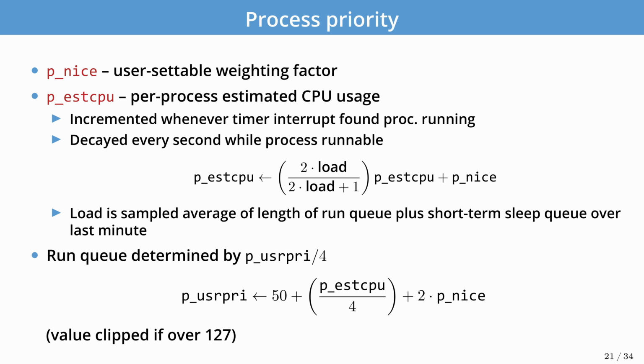We take 50, so we're somewhere in the middle of the run queue. Remember that the run queue is clipped at 127. We then take the estimated CPU over 4 and we add twice the nice value. When you compute this, what's happening when you combine these two things together?